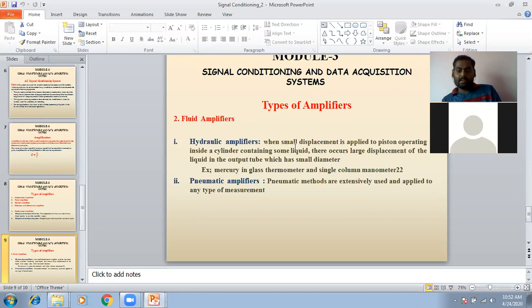When I apply force on a piston operating inside a cylinder containing some liquid, that liquid will be forced inside the smaller tube, and it will occupy more space in the smaller tube because of the small diameter, right? Some examples are the mercury in glass thermometer and the single column manometer. And pneumatic amplifiers are extensively used and applied to any type of measurement, right? So these are the fluid amplifiers.